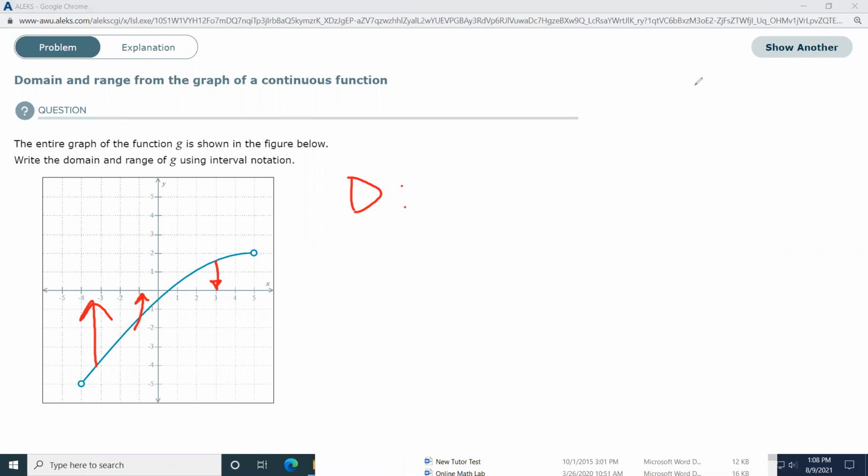The easiest way to think about it is take the graph and squish it into the x-axis. That will tell you what your domain is. It'll be everything from -4 to 5.